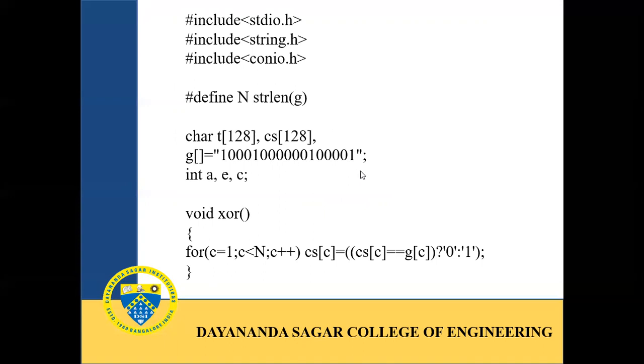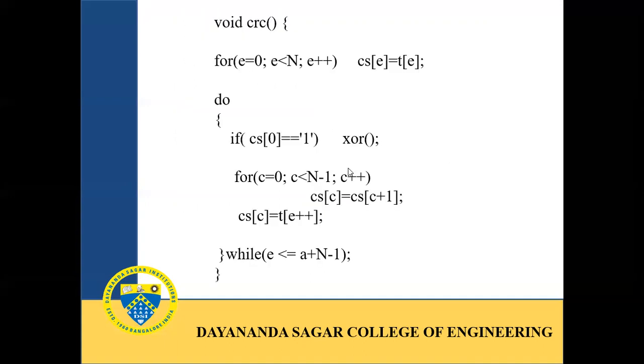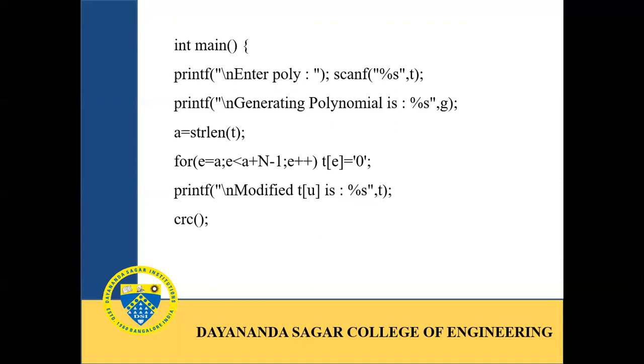So the extra zeros are added so that the size of the polynomial and the size of the input string match. So these extra zeros are added so that the size of T and G match. So the modified string is displayed with the extra zeros added.